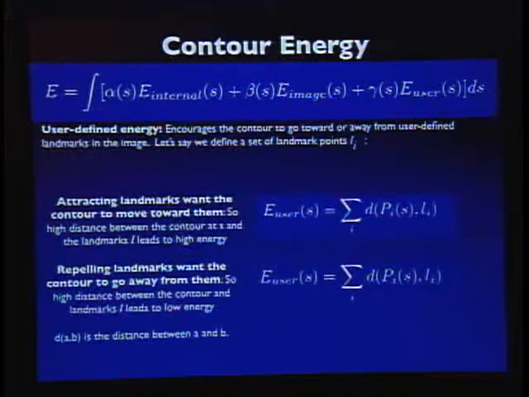Now the third thing is what's called a user-defined energy. It allows the user, or you, to look at the contour you've got and add additional information that is not necessarily about the continuity of the curve or how complicated the curve is. And it's not necessarily sitting there in the pixel values of the image, but it's something additional that you want to add onto it. This happens all the time in medical imaging data.